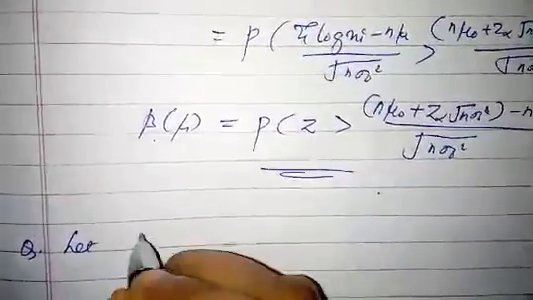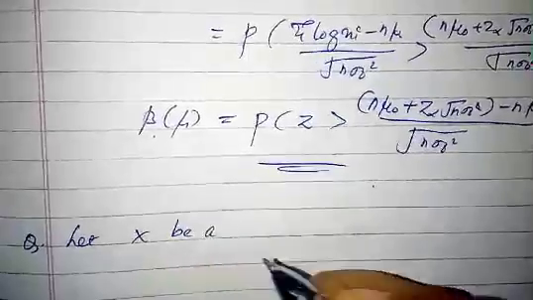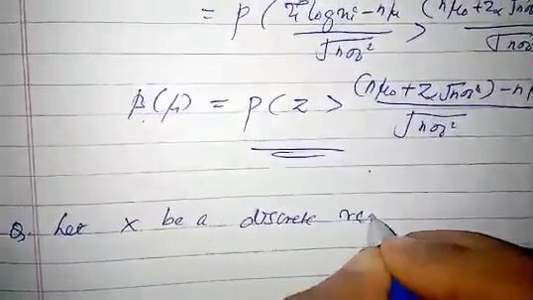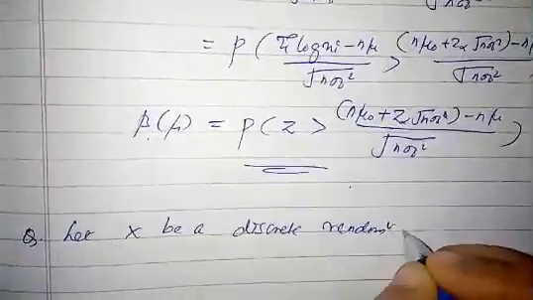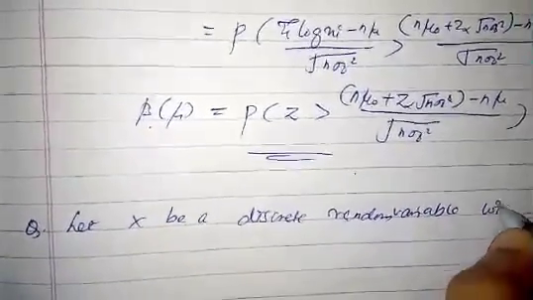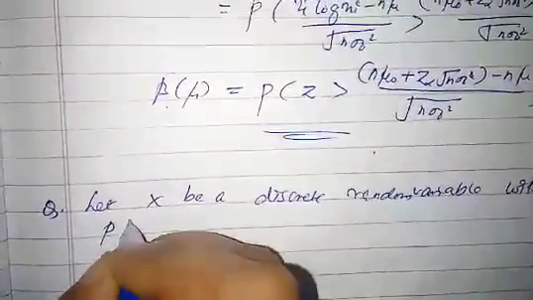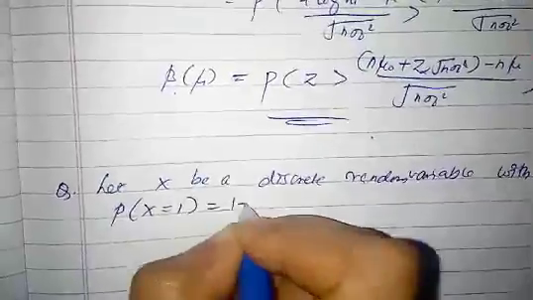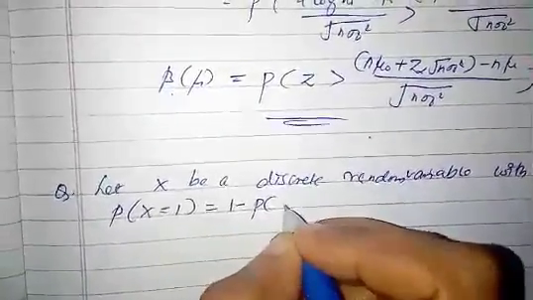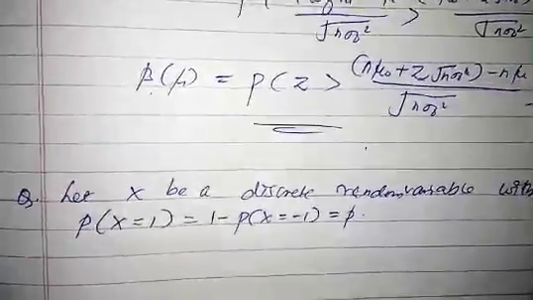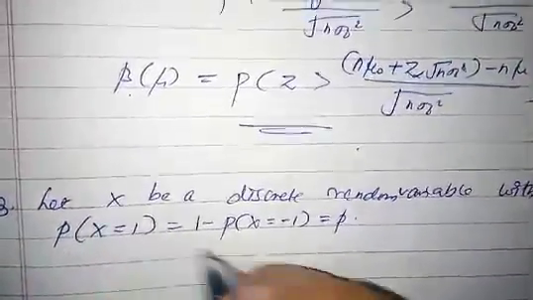let X be a discrete random variable with the probability of X equal to 1 equal to 1 minus the probability of X equal to minus 1, which is equal to p.